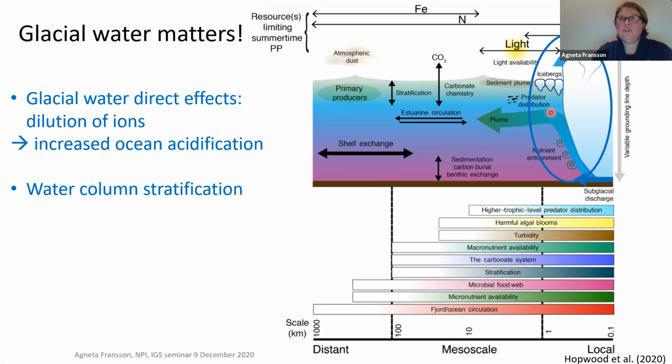But the glacial water with the freshening effect also has a dilution of ion effect, and that will of course dilute all the carbonate and bicarbonate ions as well. And that could lead to increased ocean acidification. So water column stratification is also an effect of this surface meltwater, which I will talk a little bit more about later.